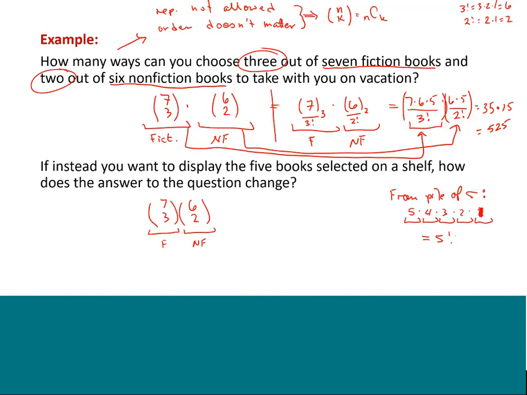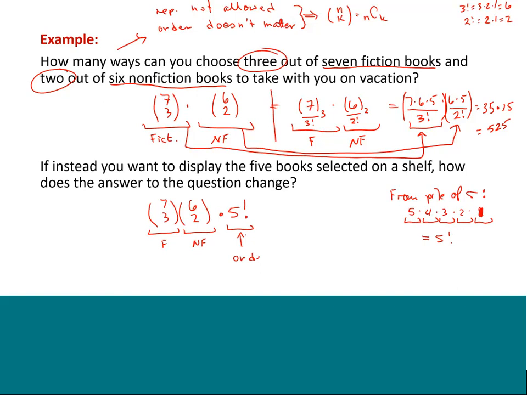Now, notice, with this selection, in no way, shape, or form did we care whether they were fiction or nonfiction. It was just from the pile on the floor. So these numbers get you that pile. Then you would multiply by the total of 5 factorial, and this 5 factorial puts order back in.